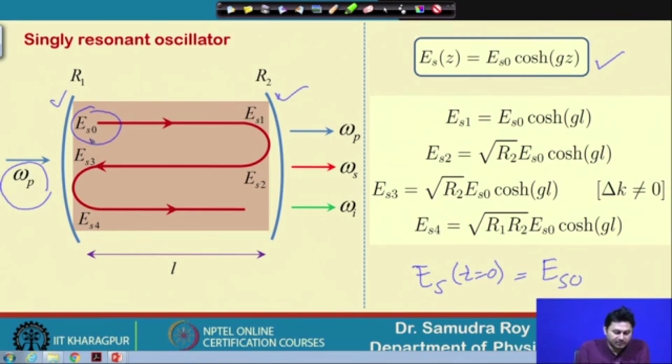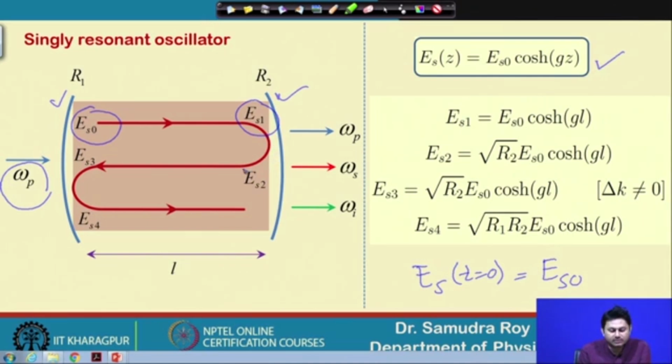Once it is known, the next thing is that I need to find out when it makes a round trip. This is the process of round trip. At each point, what should be the value of our electric field? If this is the electric field at z equal to 0, Es1 is the electric field at z equal to L. So from here to here there is a change of electric field, and this value I now note as Es1.